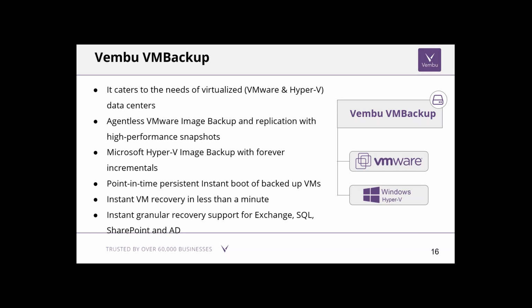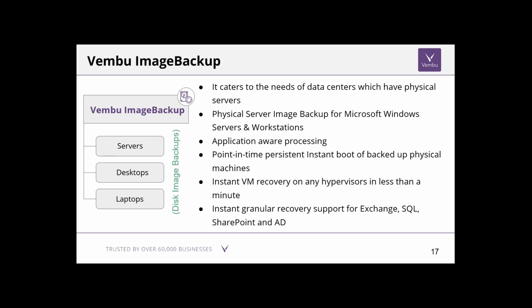To back up VMware, we use the agentless option where we use the vStorage API and VDDK, so we can back up without injecting any proxy inside the ESXi host. We also provide host level backup for Microsoft Hyper-V, and we provide a backup solution for Windows servers, desktops, and laptops.